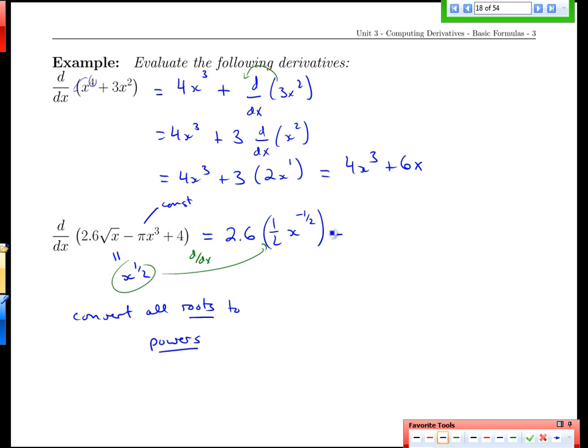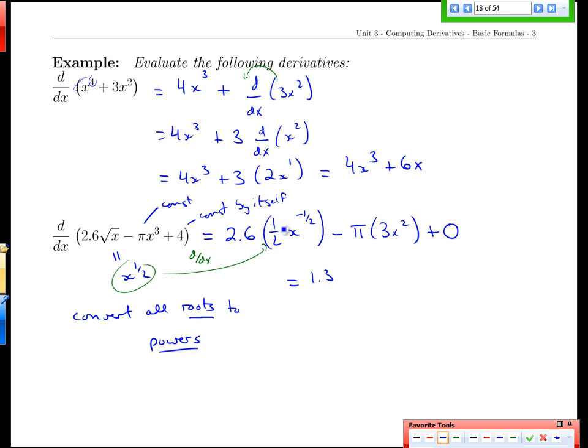The next term, minus a constant, pi stays there. The derivative of x cubed would be 3x squared. And last but not least, the derivative of 4, which is a constant by itself, not multiplying anything, would have a derivative of 0. And this is correct, but it's usually a good practice to tidy things up.